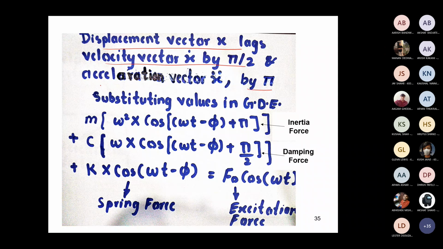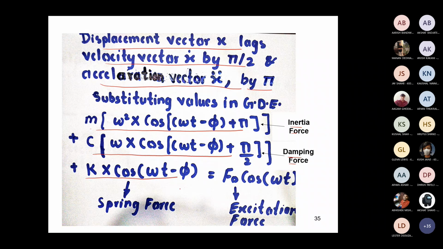Substituting the values in the governing differential equation, we get these terms. The first term is the inertia force. The second term is the damping force. And the third term is the spring force.